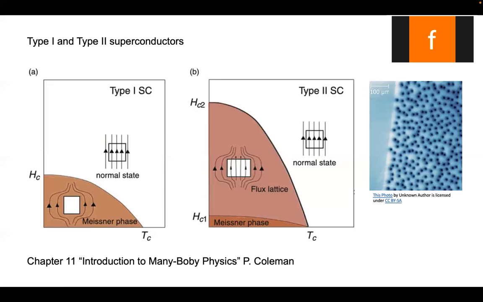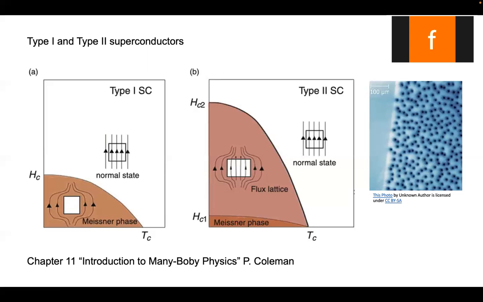Those are the famous Abrikosov vortices, where you penetrate some specific region of the superconductor and you create circulating currents around.